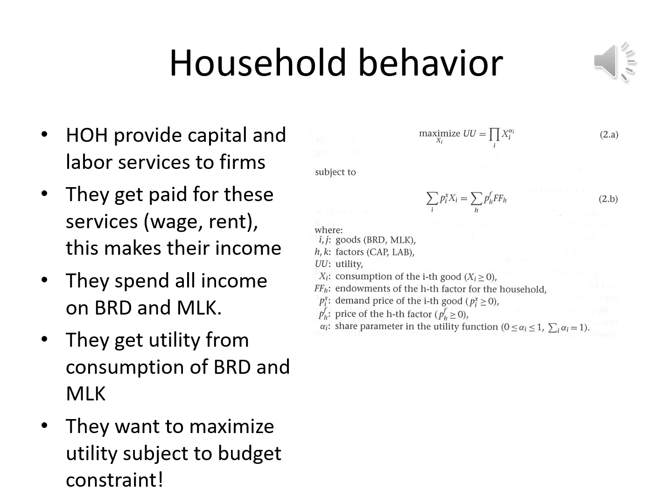So the index here is for H. H is the factor you're interested in, and H can be either capital or labor. So PH with an F here, PH is the price of factor, and FFH, FF sub H is the amount of the factor.